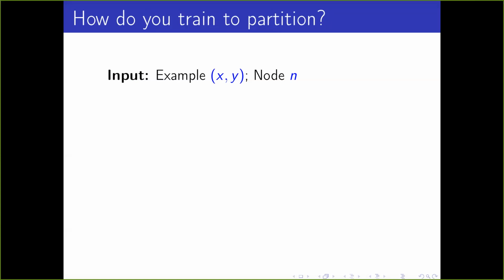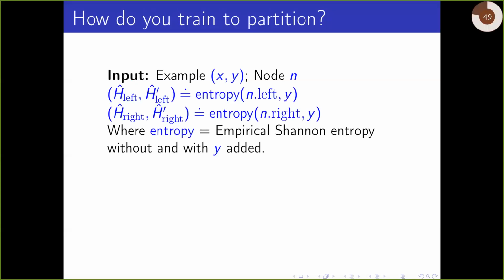So we have some individual node, we have some example. It's a multi-class example. The first thing we're going to do is compute the Shannon entropy. Does everybody know Shannon entropy? Yeah? Okay, so you have the left subtree and you have the right subtree. You have the distribution of labels incident on the left subtree, and the distribution of labels incident on the right subtree.